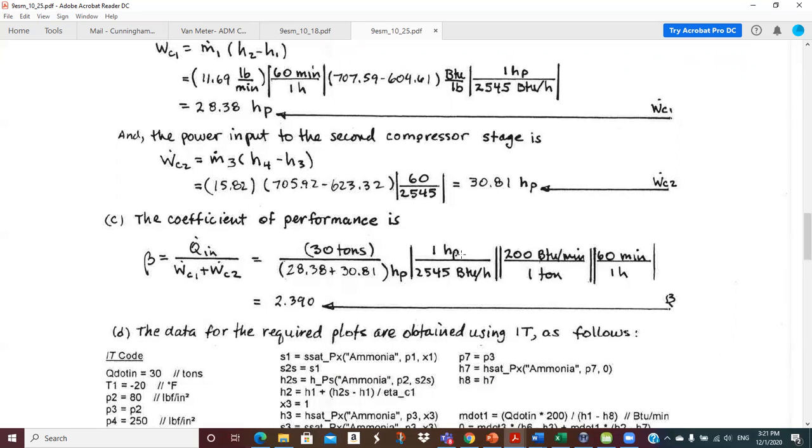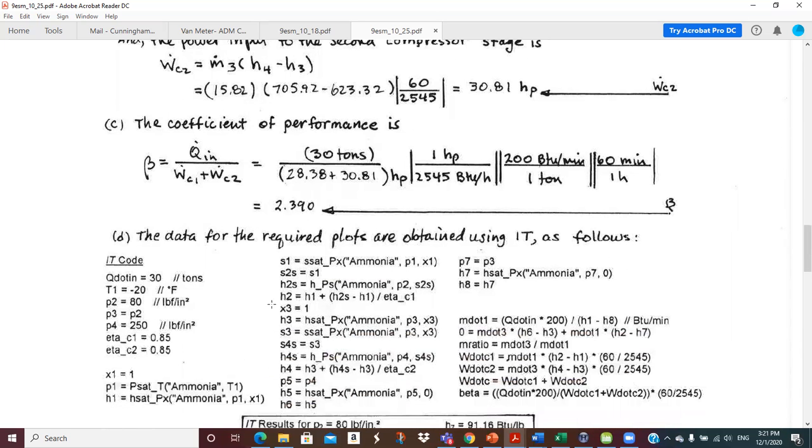This one gets rid of horsepower. And then we got to convert because we got BTUs per minute, and we got BTUs per hour, so that'll never work. So we got to get rid of one of them. So we multiply by 60 to get rid of the minutes. So everything becomes dimensionless, and the coefficient of performance is 2.39.